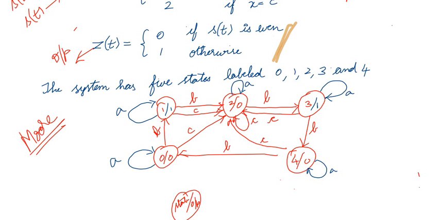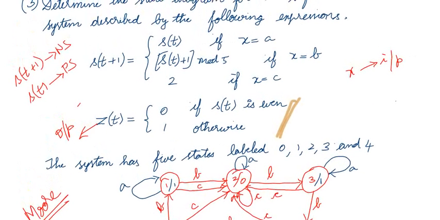Then, based on the transition, where t plus 1 is the next state and t is the present state: when the input is A, the next state is equal to the present state. When the input is B, the next state is present state plus 1 mod 5.